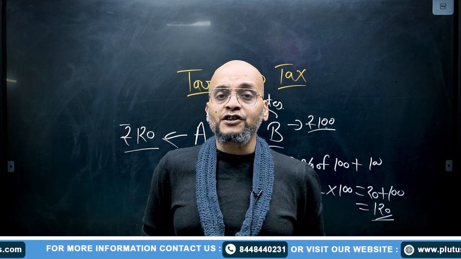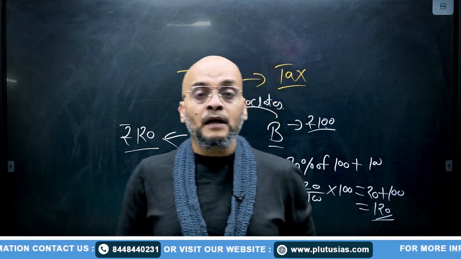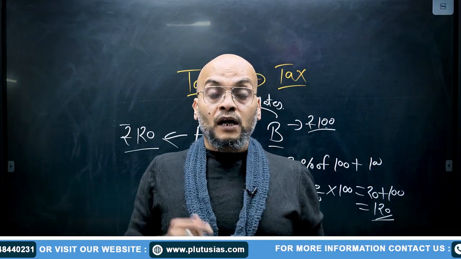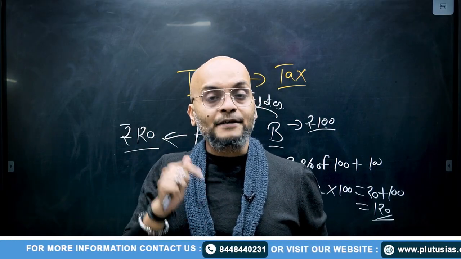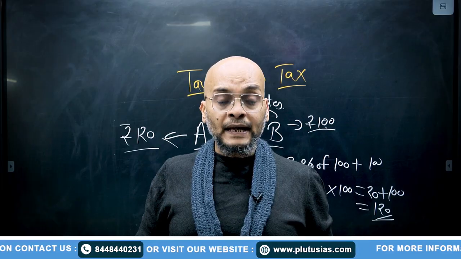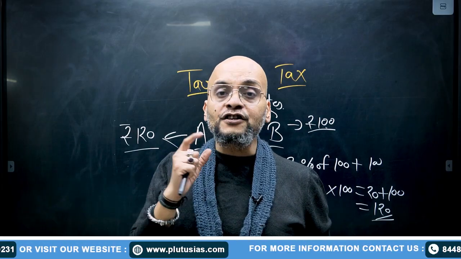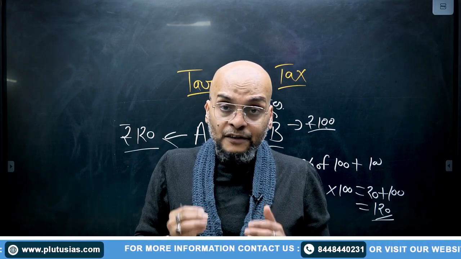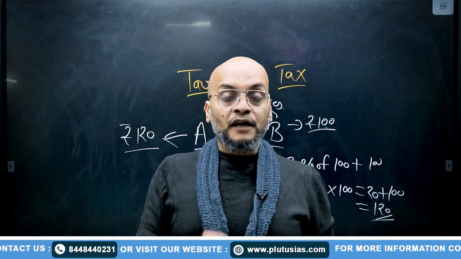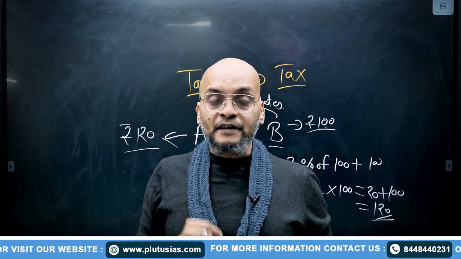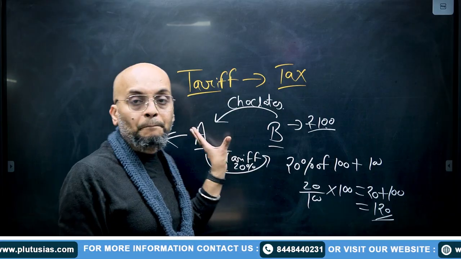What happens in protectionism? Under protectionism, countries try to propagate and promote their domestic industries. In order to encourage their domestic industry, they try to reduce the imports. Why? Because when imports reduce, take this example only.